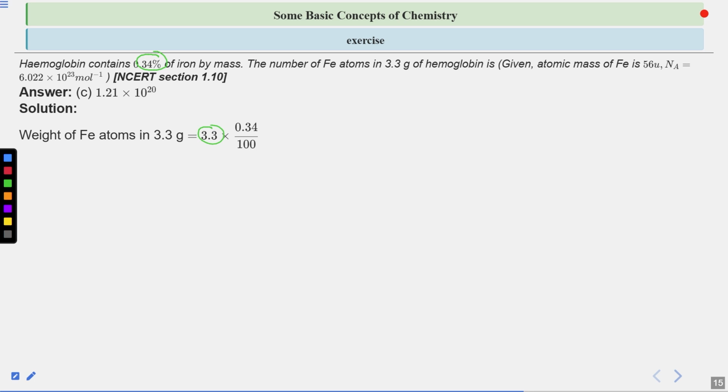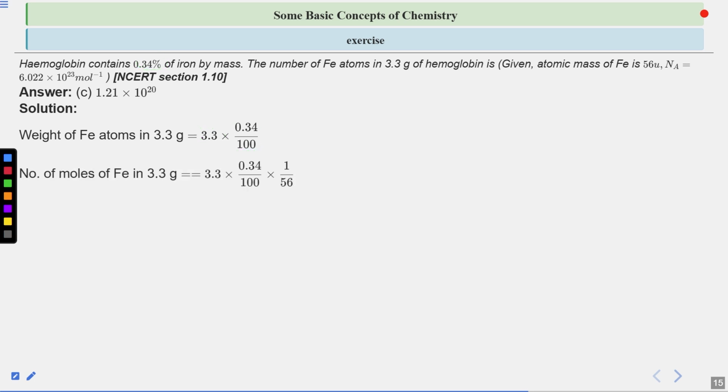So I just assume that I also don't know what hemoglobin is, but I know that it is some compound, and it is given that the compound contains 0.34% of iron by mass. Now what will be the weight of iron that will be present in 3.3? We will simply take the weight percentage of that 3.3.